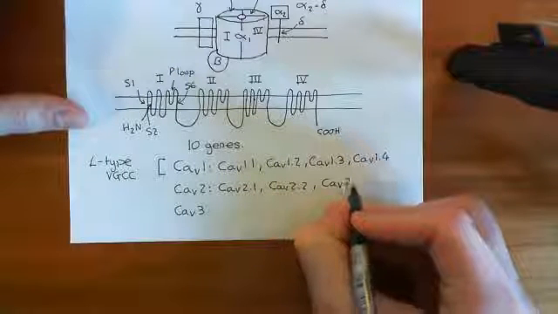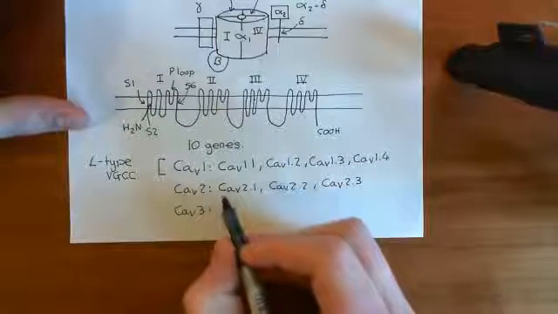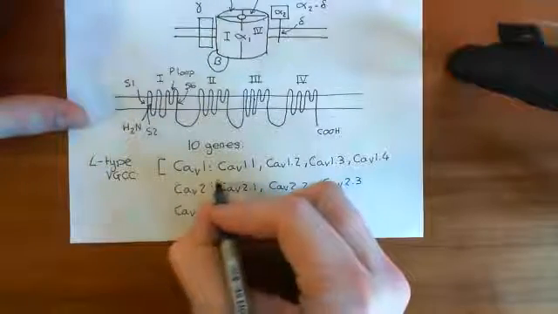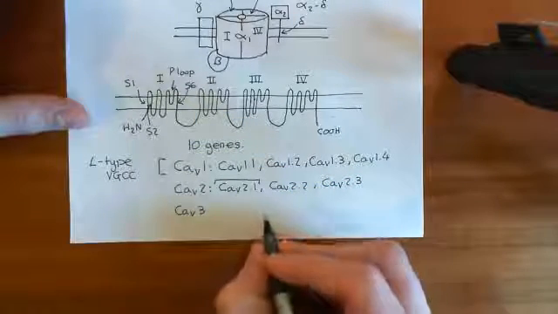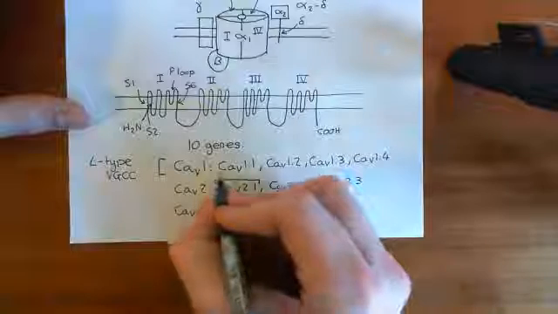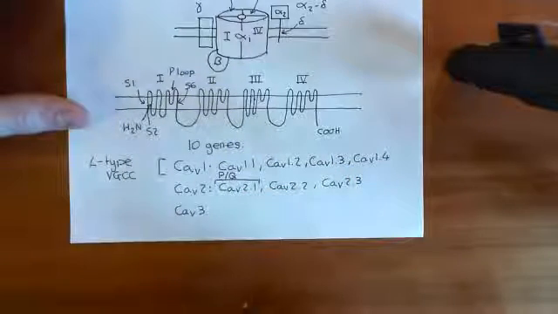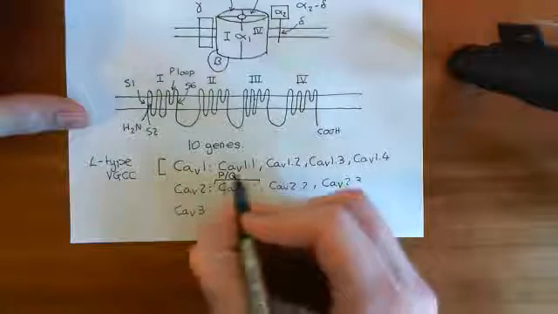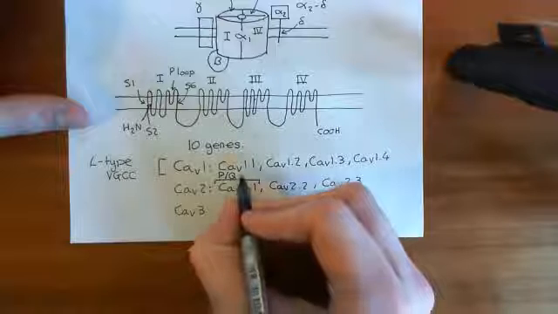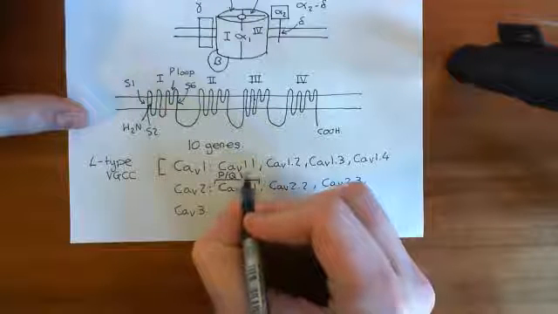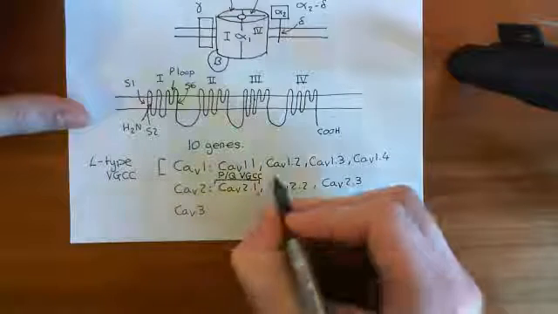Okay, now basically, if you make a voltage-gated calcium channel with a CAV2.1 alpha-1 subunit, then that voltage-gated calcium channel is called a PQ-type voltage-gated calcium channel. Okay, so if someone says they're dealing with a PQ-type voltage-gated calcium channel, that means that the alpha-1 subunit is a CAV2.1 gene.